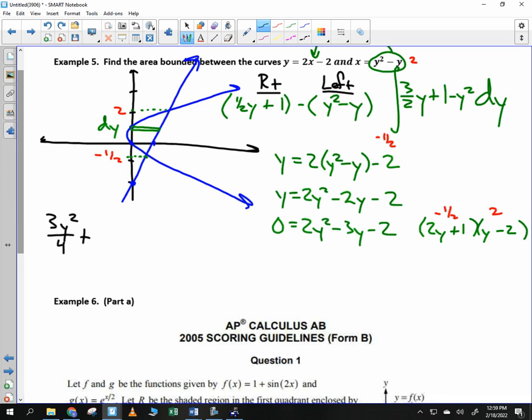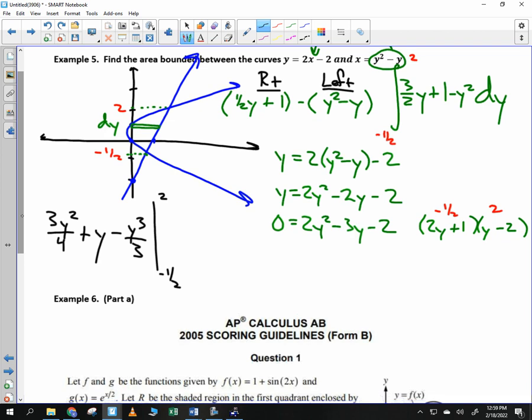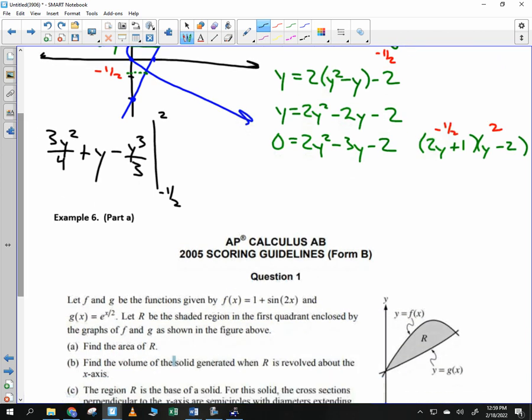Plus y minus y cubed over 3. Evaluated at 2 and negative 1/2. Uh-oh, we've got a fraction. Fortunately, we are excellent with fractions.